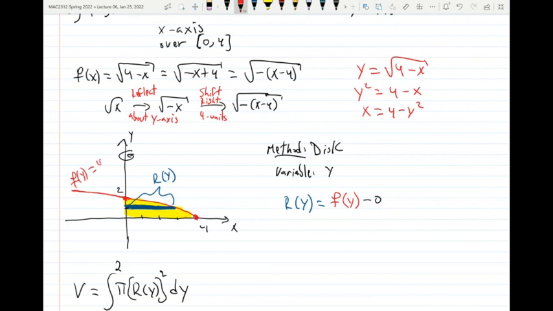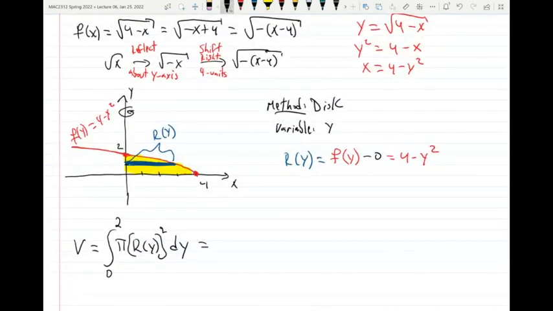So f of y is going to be 4 minus y squared. That makes it so that you tell me the y, and then I will tell you what x you have. So r of y equals 4 minus y squared, and that's what we integrate. So that would be the integral from 0 to 2 of pi times 4 minus y squared dy.